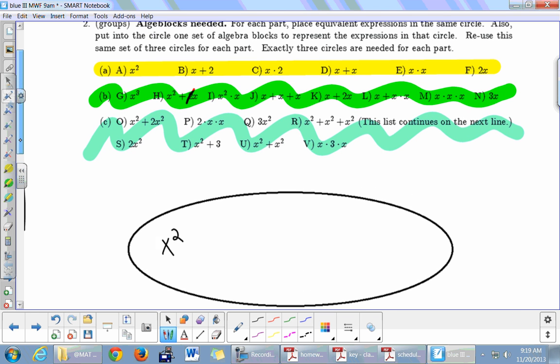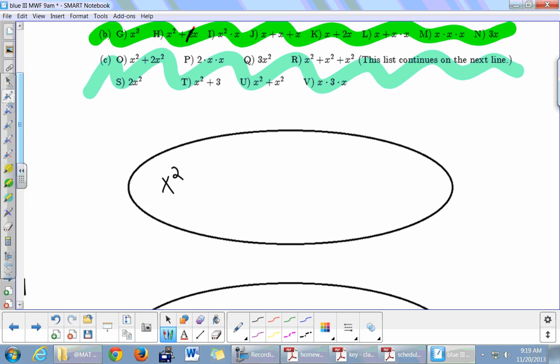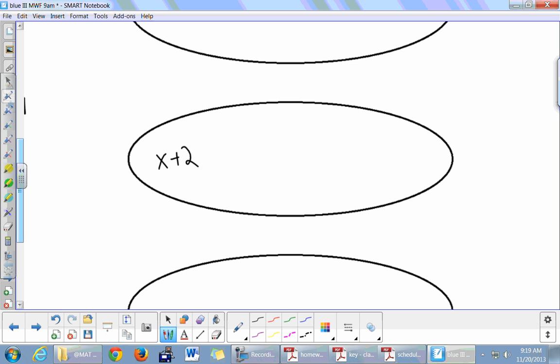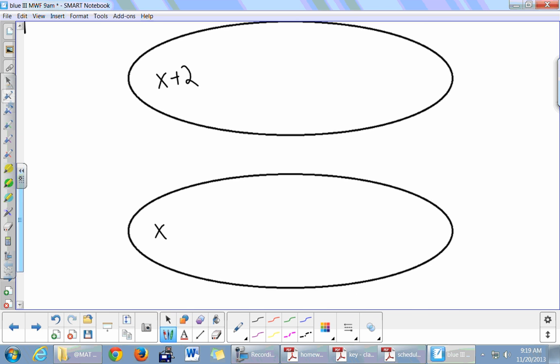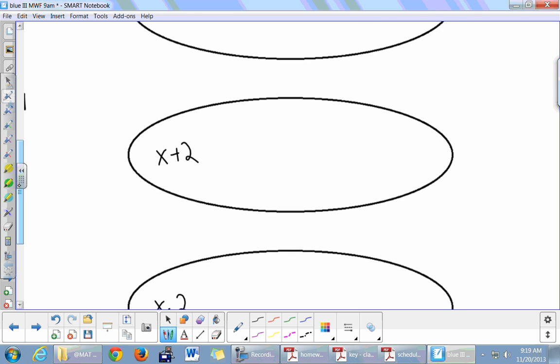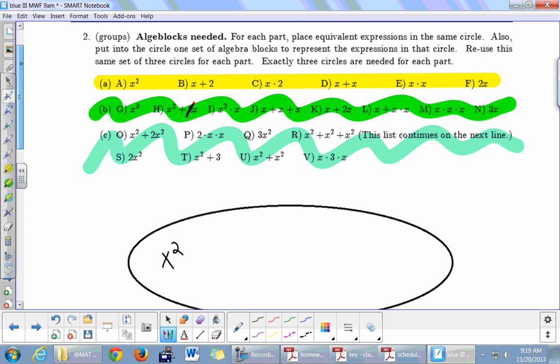And then we'll look at the next one. X times 2. Is x times 2 equivalent to x squared? No. Is x times 2 equivalent to x plus 2? No. So this is a different thing again, and I'll put x times 2 right down there. What's the next expression up here?